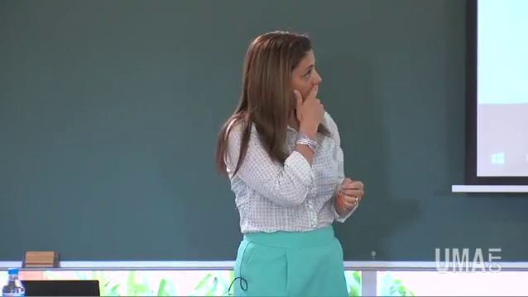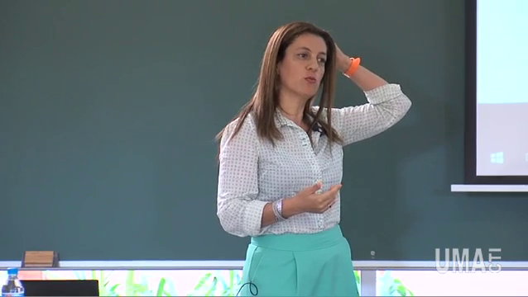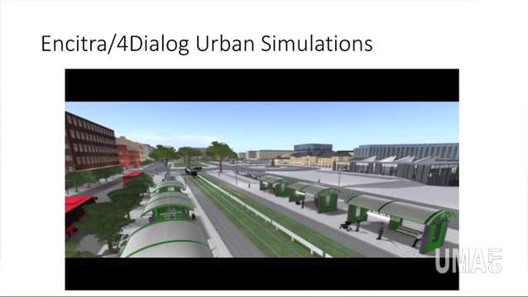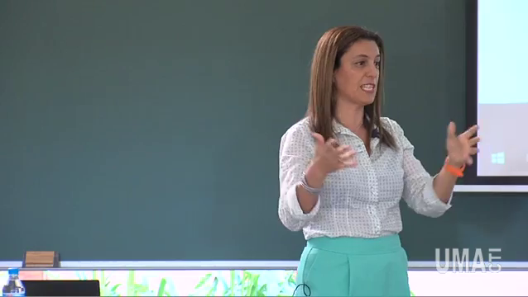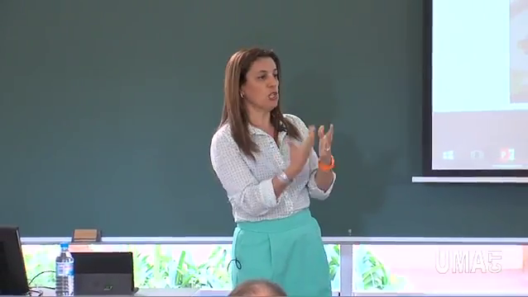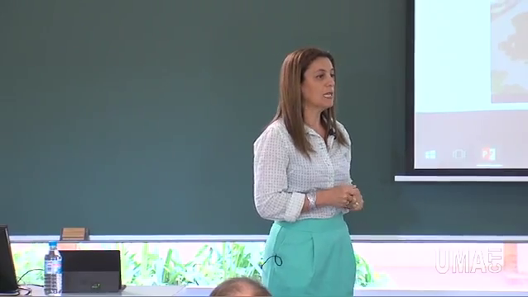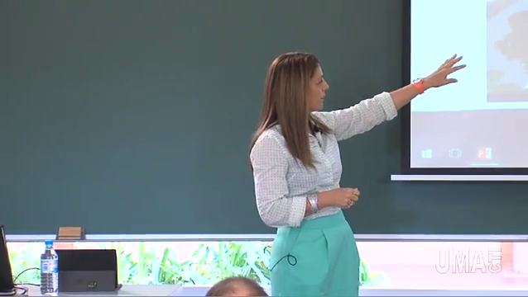Uppsala is one of the earlier customers of this company, and they were planning or trying to visualize what it would take to deploy a tram system in the city. Uppsala does not have a tram system, but tram systems are coming to Sweden. If you've been to Stockholm, you've probably seen them already. So they were trying to visualize what it feels like to have a tram system deployed right at the station area. So we modeled it for them.